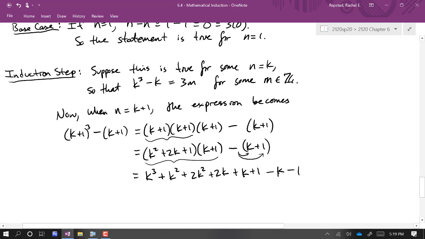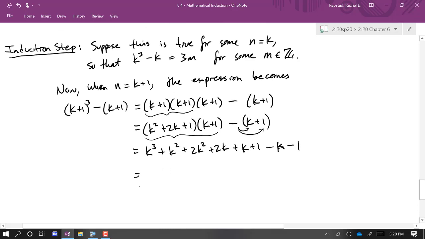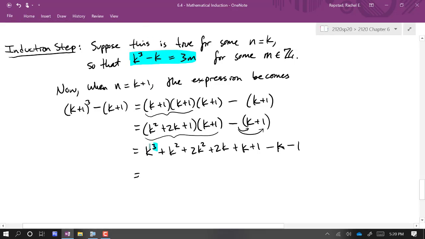Now, because we have developed good algebra habits, it is probably our instinct to just combine all like terms at this point. But I don't want to necessarily combine all like terms. I want to get to a point where I can take advantage of my induction hypothesis up here. So I'm going to just note that I've got a k cubed and a minus k.